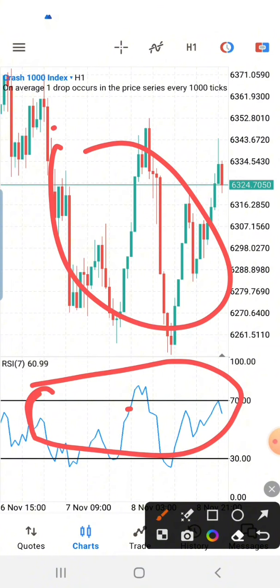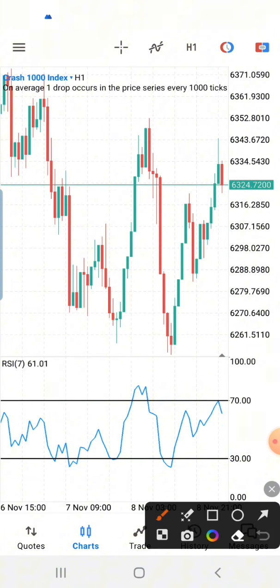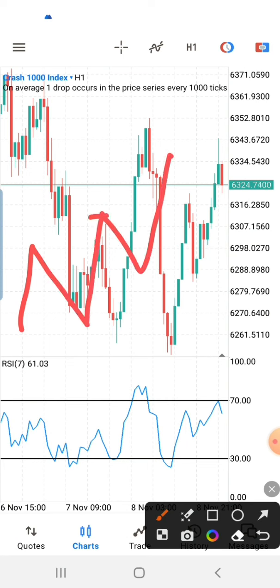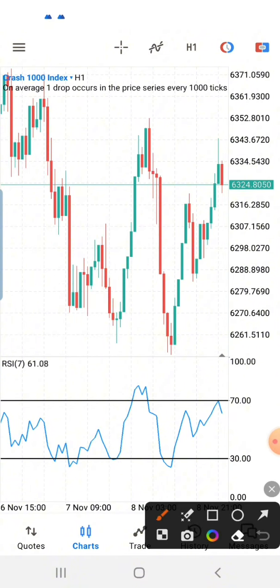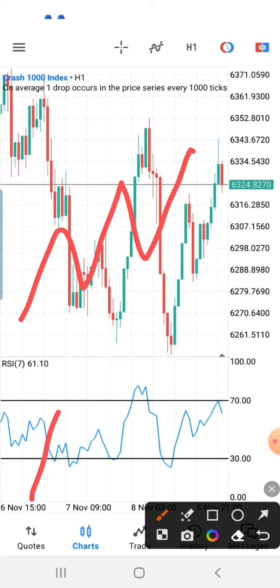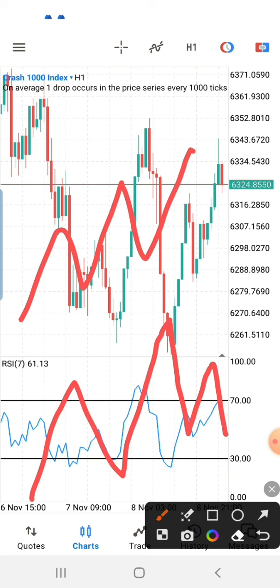So let's say the main chart, the price, is going up this way and the price is creating higher highs. You expect the indicator section to keep creating higher highs, but each time the price, that is the chart, the candlestick, the main chart, started to create maybe higher highs, and you come to the indicator and the indicator is now creating maybe a higher low, that's a divergence right there.